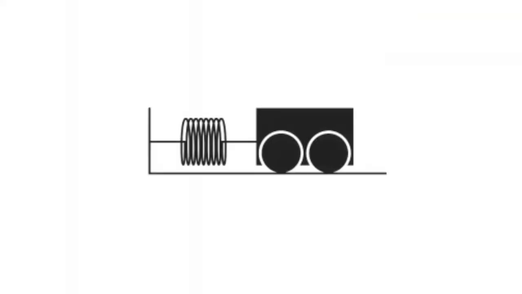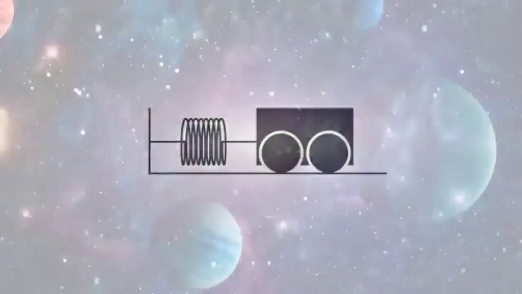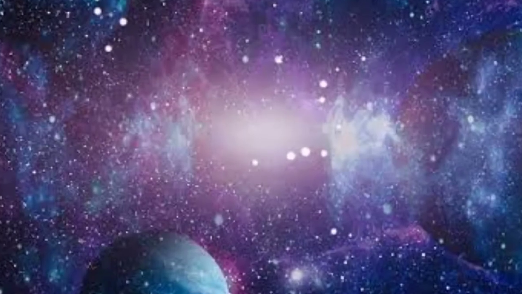Here we have the spring mass system, which will show us the physical application of simple harmonic motion. Suppose we have a spring in a horizontal position. One end of the spring is attached to a wall, and the other end is attached to a ball. Assuming we are in a perfect universe, a frictionless one.